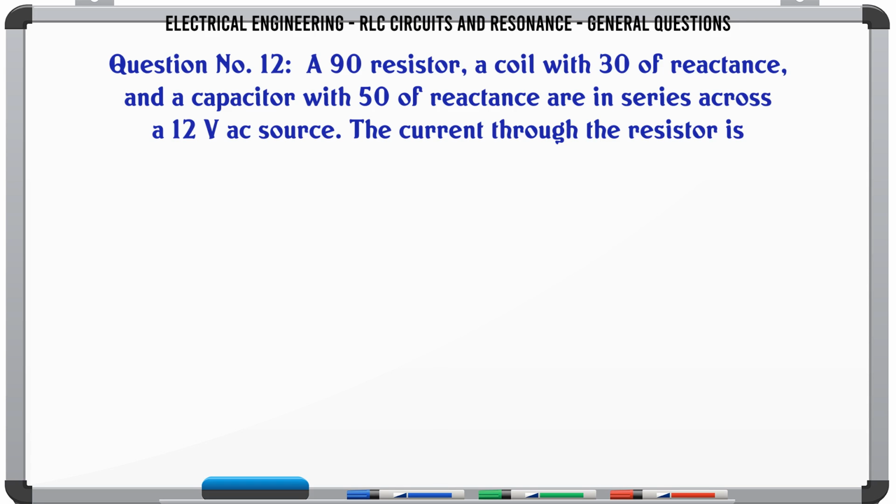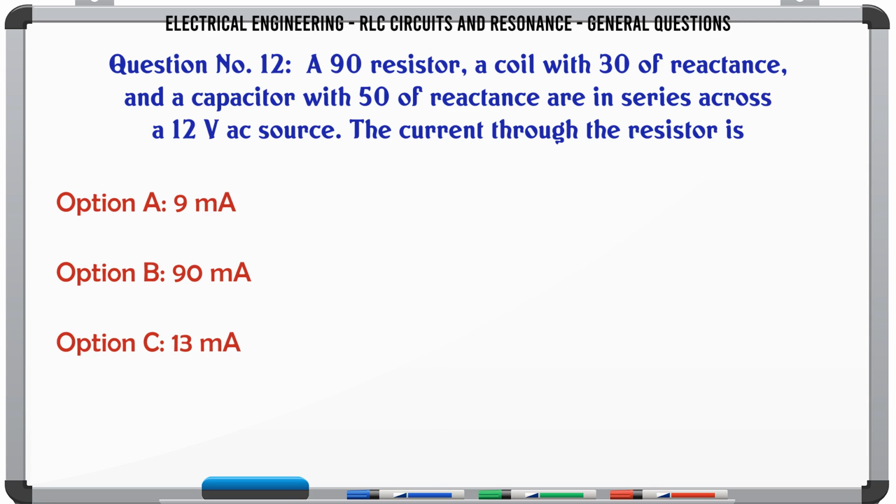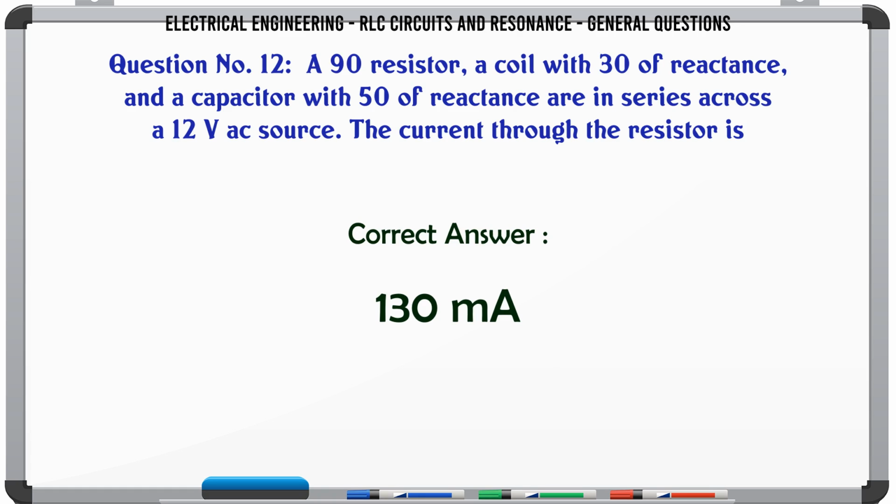A 90 Ω resistor, a coil with 30 Ω of reactance, and a capacitor with 50 Ω of reactance are in series across a 12 V AC source. The current through the resistor is: A, 9 mA; B, 90 mA; C, 13 mA; D, 130 mA. The correct answer is 130 mA.